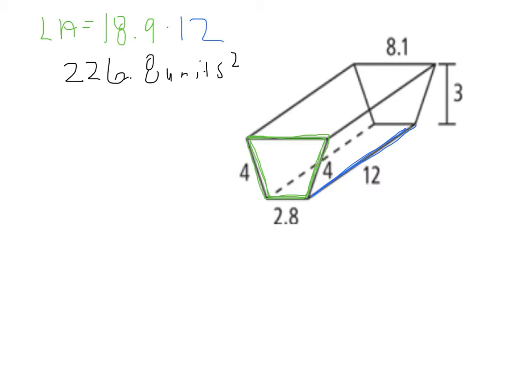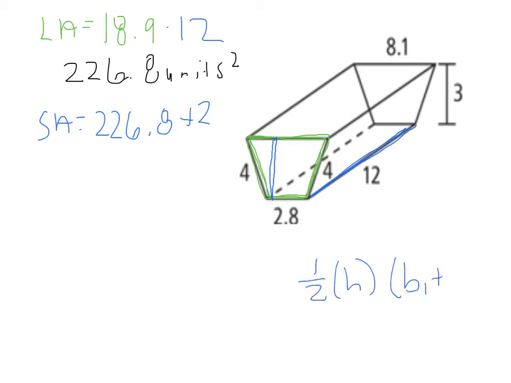Now when I'm looking at my surface area, it is my lateral area, 226.8, plus 2 times the area of my base. So if you remember correctly, the area of a trapezoid is going to be 1/2 times my height times B1 plus B2. So in this case, it would be 1/2.